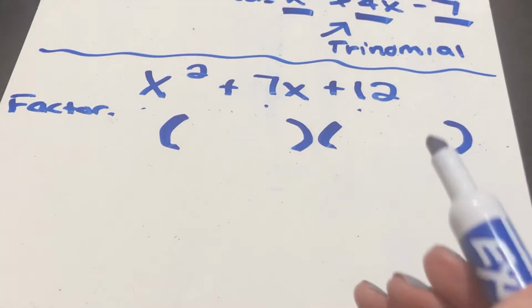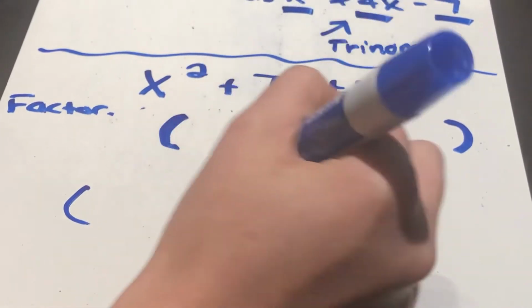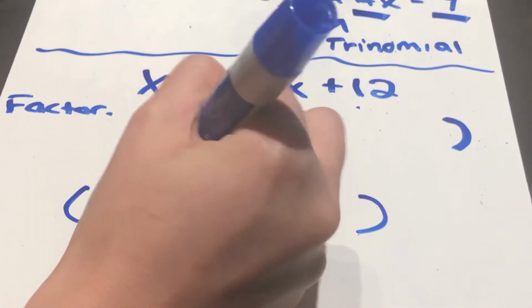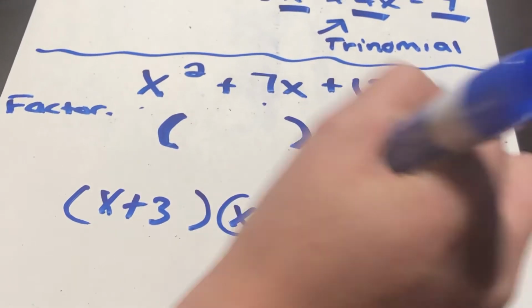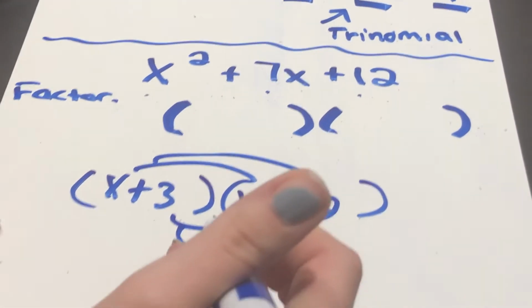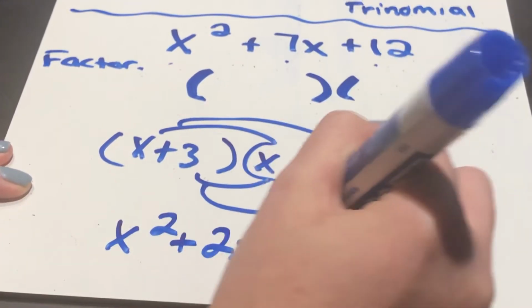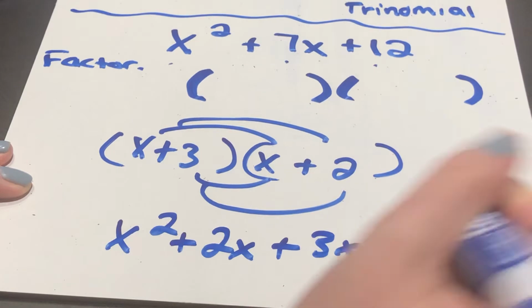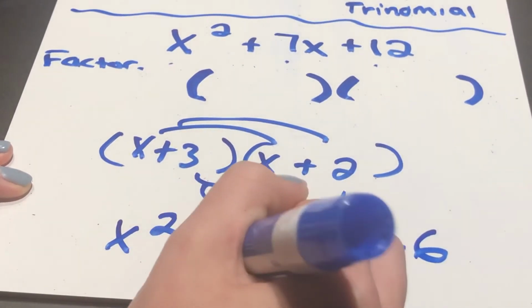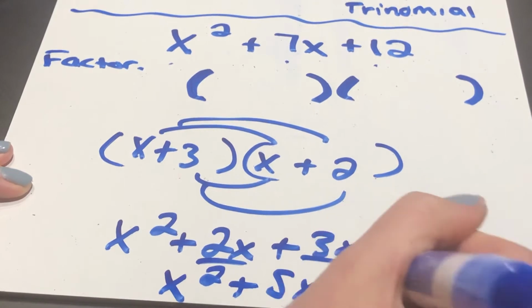If you know how to multiply and distribute, here's my little side example. If I had x plus 3 times x plus 2, and I do FOIL, which is what we practiced on Friday, I'll get x squared plus 2x plus 3x plus 6. Combine like terms, I get x squared plus 5x plus 6.